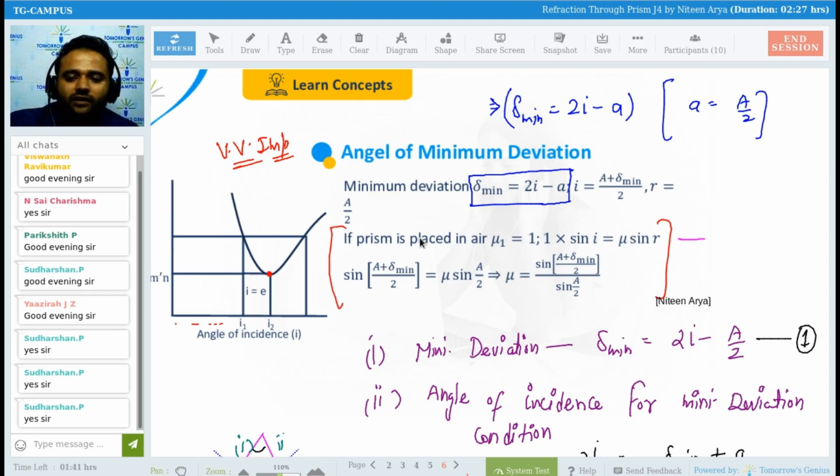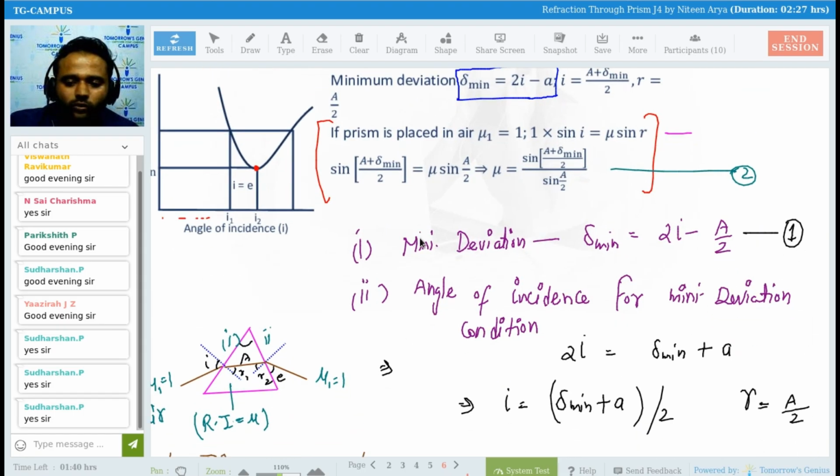So this particular formula, number 1 here, which I already wrote down, and the minimum deviation mu, formula number 2. Most of the students don't remember that. Clear everyone? Clear na? Till now, if you have any doubt, question, or query, you can ask me.